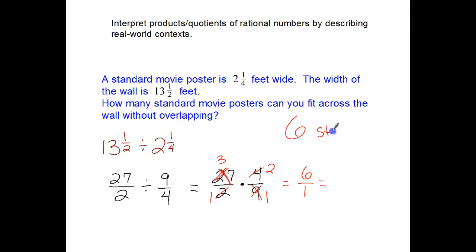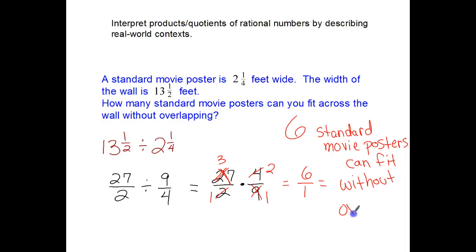I like to write my unit in there. Standard movie posters can fit without overlapping. So they're right next to each other.